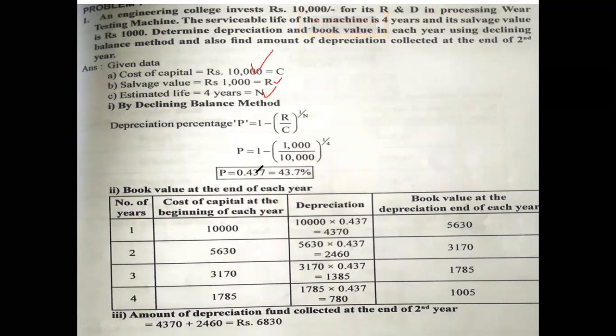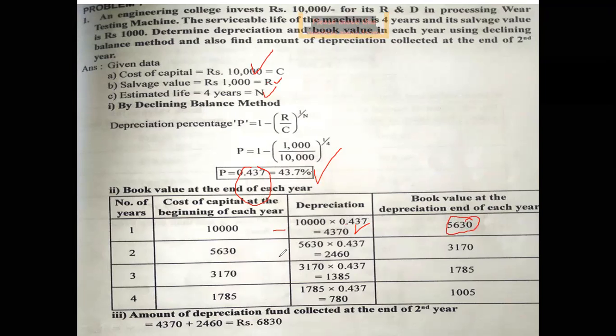So the depreciation percentage we have calculated is 43.7 percent. This is on the capital at the beginning of each year. So 10,000 into this percentage gives a depreciation amount of 4370. So 10,000 minus 4370 gives you 5630.